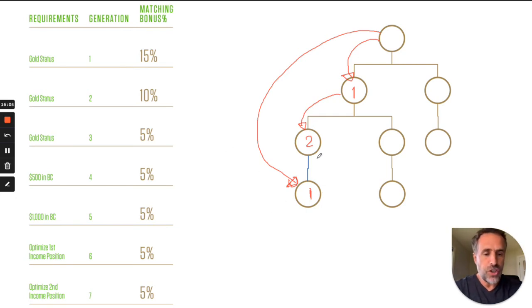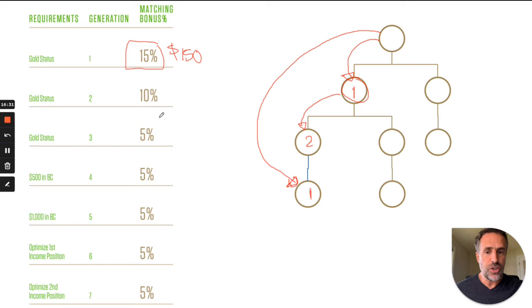So on your generation 1, what they earn in base commission from their pay lines, which is the previous slide that we just showed you, so whatever they earn from their pay line income, you match 15% of that. So if this person earned this week $1,000, 15% of that would be an extra bonus for you of $150.